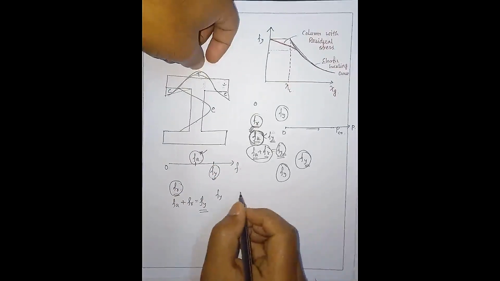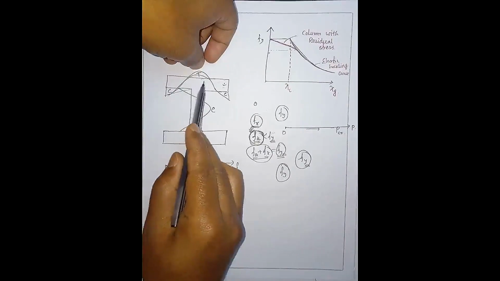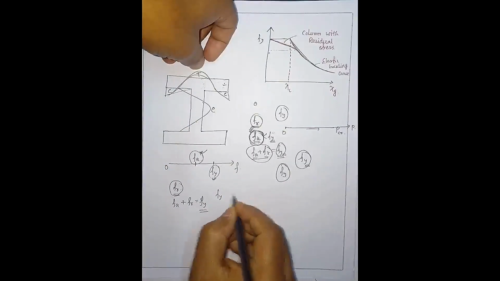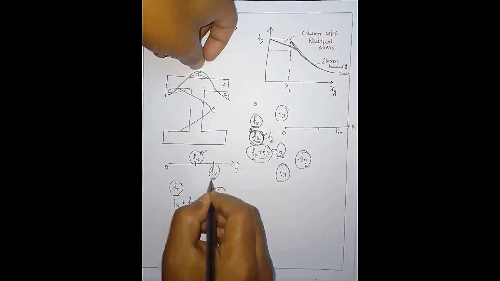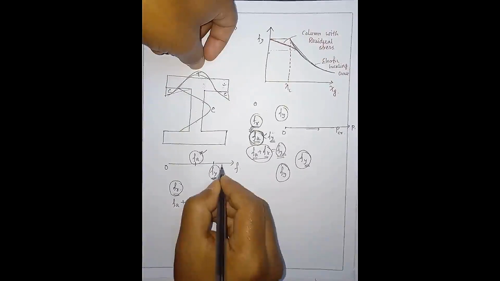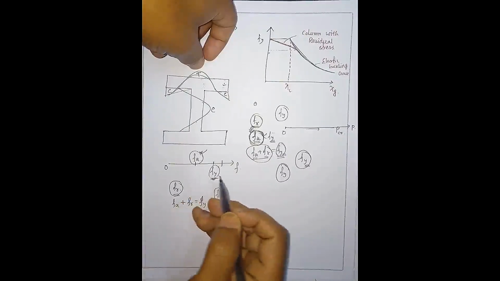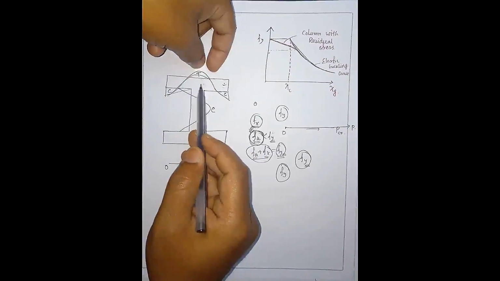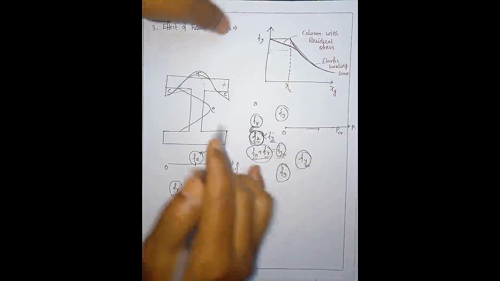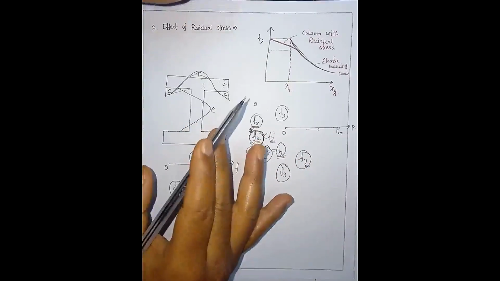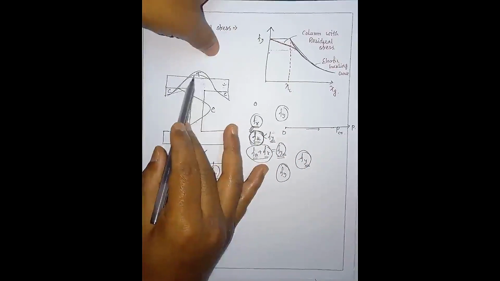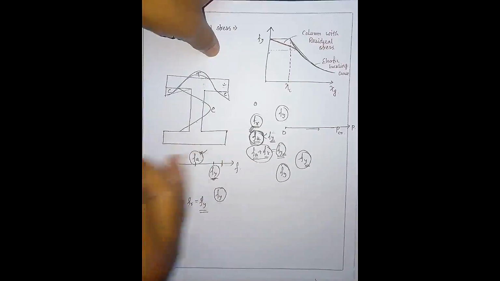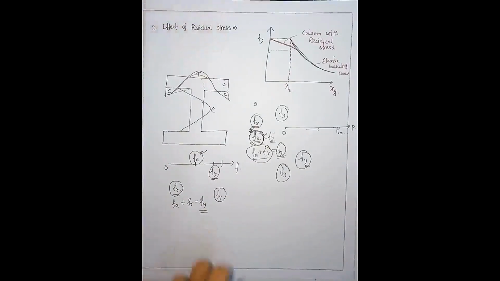So this part may not fail at this stress level, it may fail at a higher stress level. It will look like this part is showing more capacity, but actually this is not the picture, because it is subject to initial residual tension. Thus these residual stresses will affect the behavior.